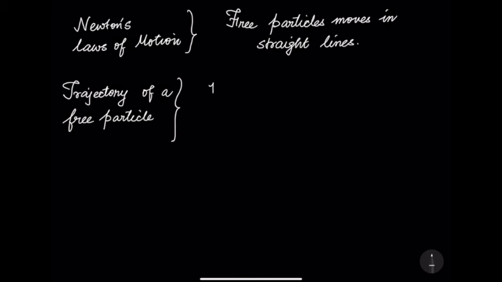How do I go about it? The first thing I notice is that I should write down an action that is Lorentz invariant. That is a Lorentz scalar. Why do I do so? Because then the same action can work in any reference system. It will tell me the trajectory in any reference system. Okay.